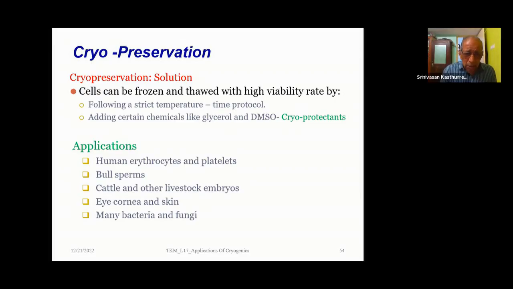A lot of applications are there. Human erythrocytes and platelets you can do this way. Or, for example, applications in the bull semen area, cattle and other livestock embryos can be stored. Then eye cornea and skin can be preserved. Many bacteria and fungi also can be appropriately preserved.